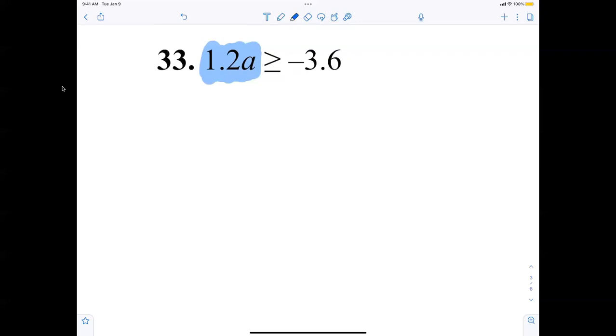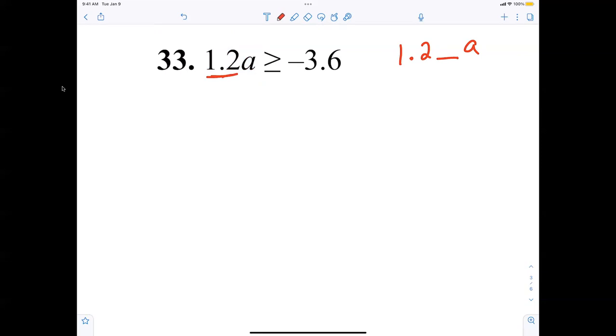No, I'm asking you, what? This is the problem you're having. What do I put, add, subtract, multiply, or divide, in between the 1.2 and the A? No, that doesn't mean 1.2 minus A. This says 1.2A. Does that mean 1.2 plus A? Does it mean 1.2 minus A?